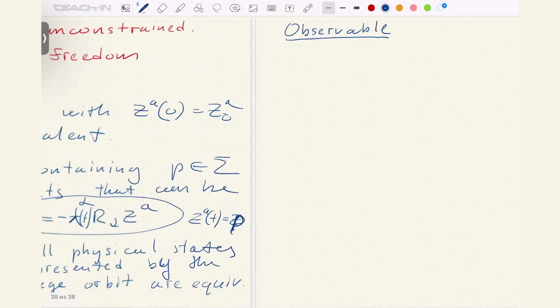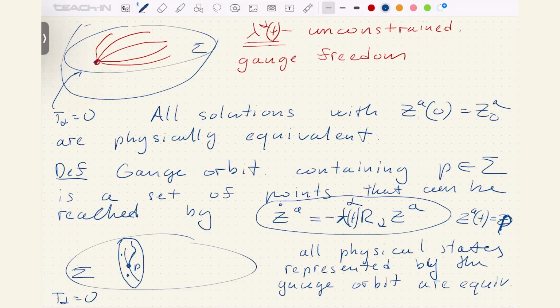So how does this concept change if we discuss constrained systems? First of all, our true observables can only be functions on sigma, right? Because it doesn't make sense to speak about states which do not belong to sigma, because they are not allowed by our dynamics. So our observables should also be functions on sigma.